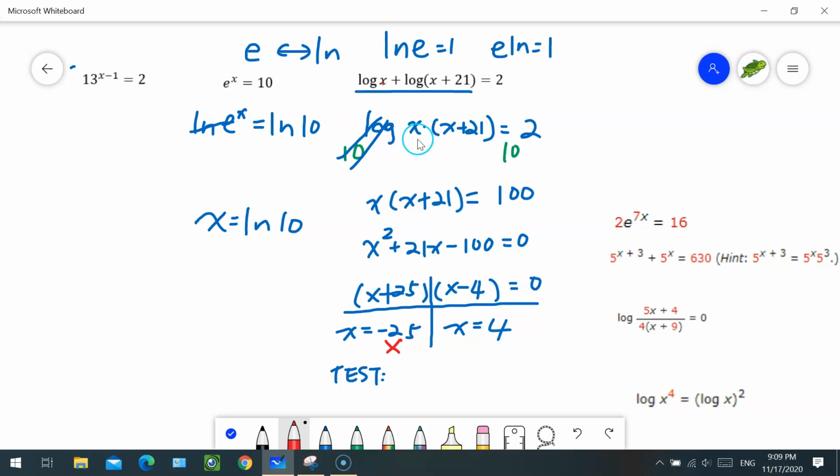Plugging 4 back into the equation, this is log 4, which is okay. Plugging this 4 into the second logarithm form here, we will get log 25. So this is log 4, log 25. Both of them are positive numbers, so we can take x equals 4 as a solution.